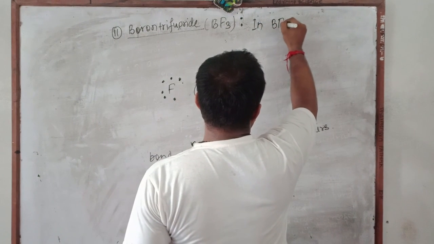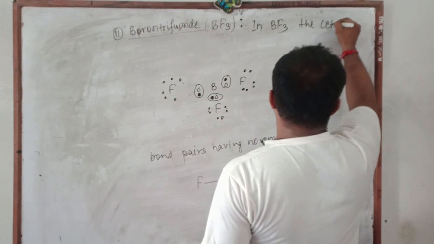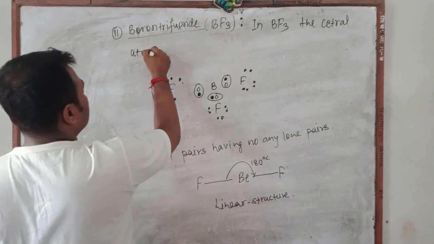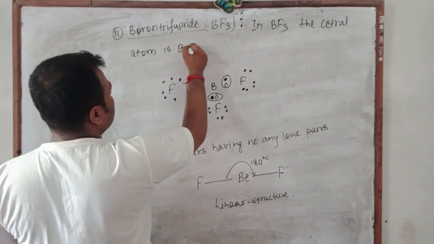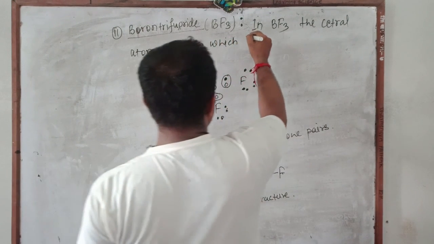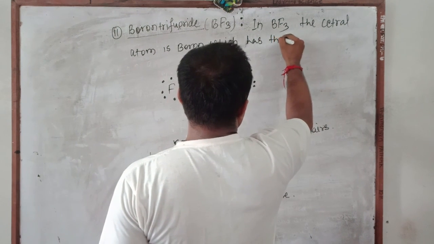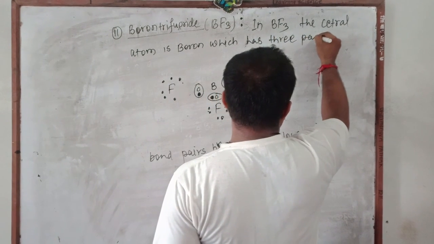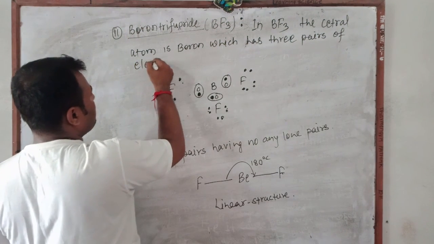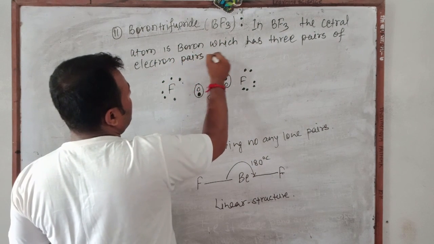And here we write, in boron trifluoride, the central atom is boron, which has 3 pairs of electrons around it.